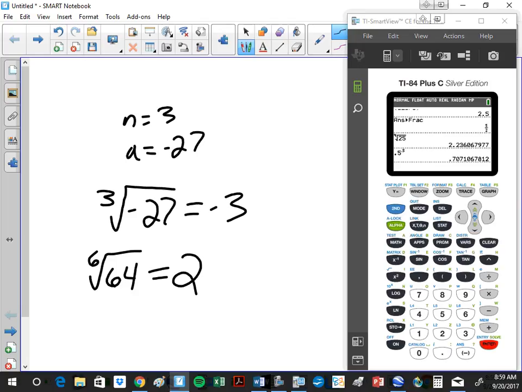Root of negative 8. Is that one going to work? Yes, because the root is odd. So what number times itself is negative 8? Negative 2. Letter B, what is the opposite of the third root of 8?